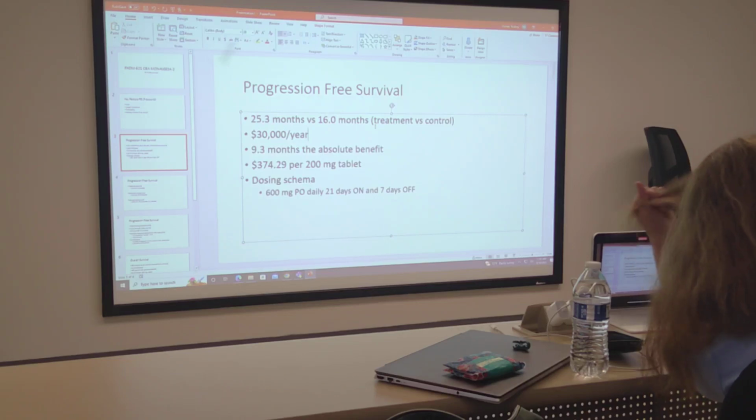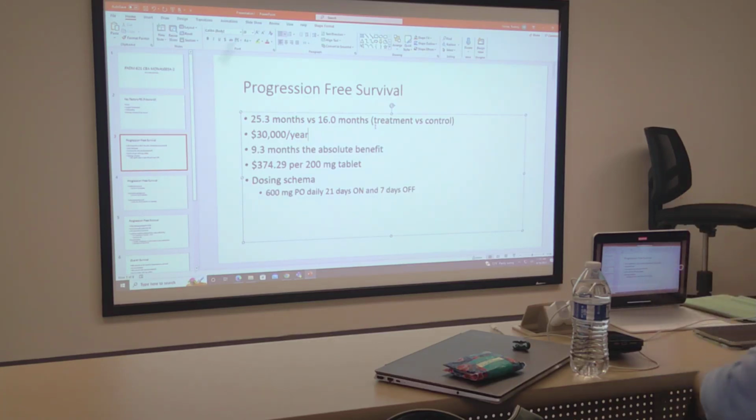So you get to see exactly how much you would save when you compare the parent drug with this biosimilar, versus maybe another biosimilar that's a slightly different cost. They're a little bit easier to compare because you're not really looking at progression-free survival or overall survival. That should be the same.